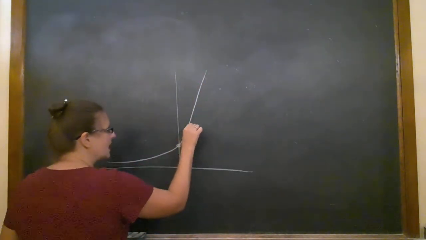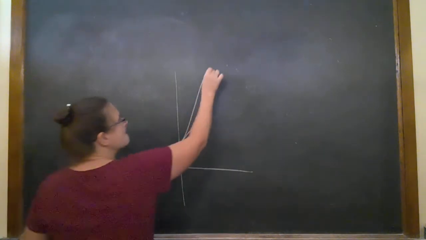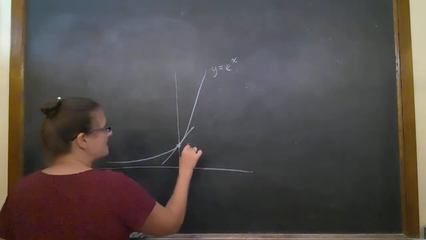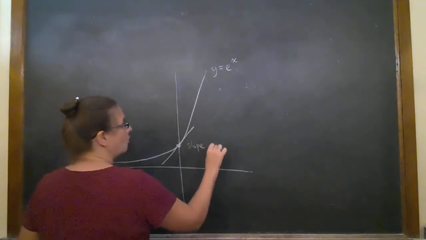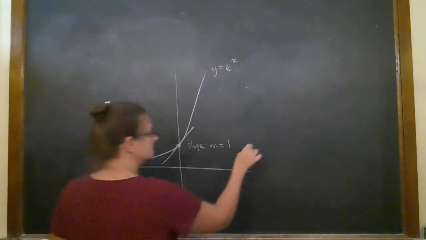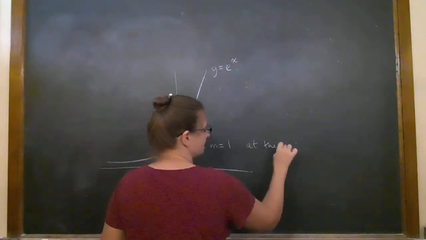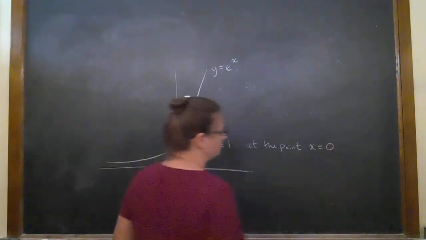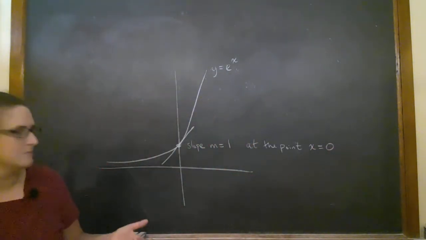And my tangent line has slope 1 at the point x equals 0.